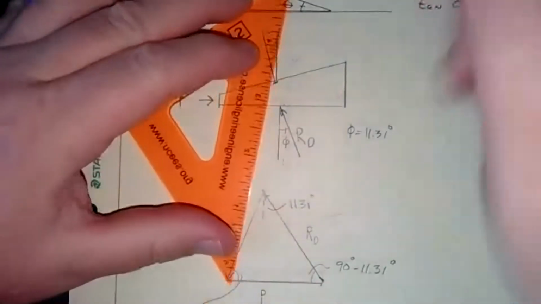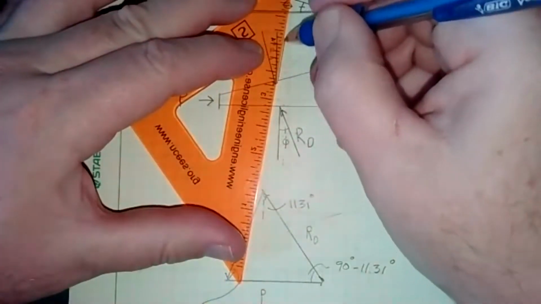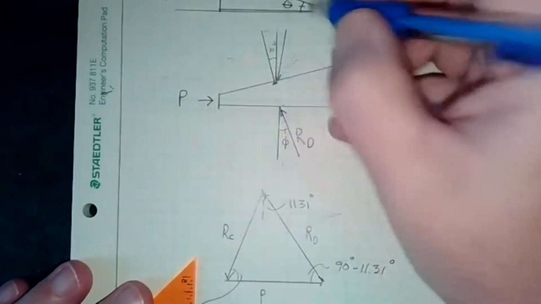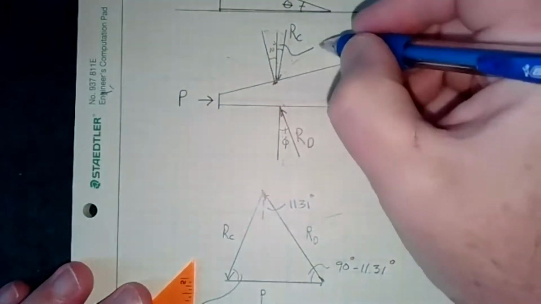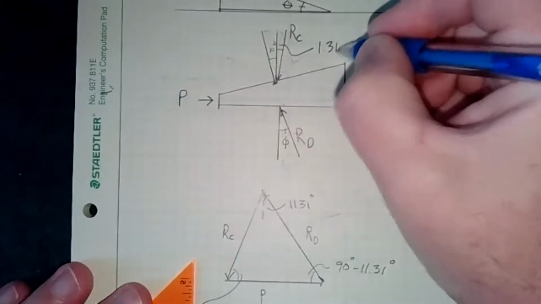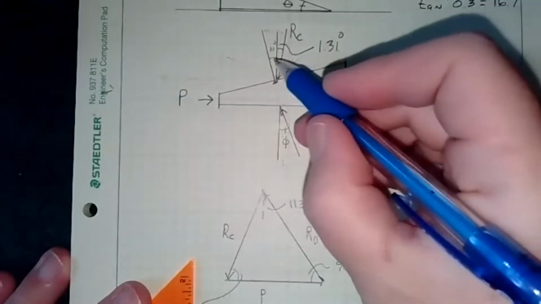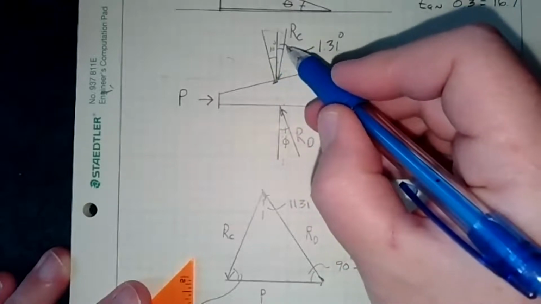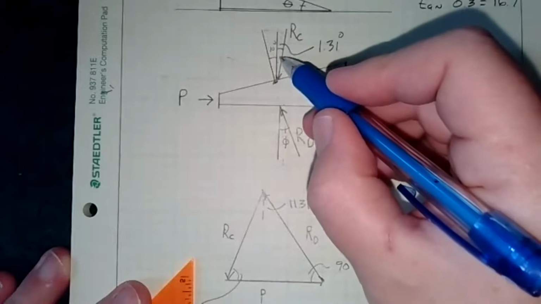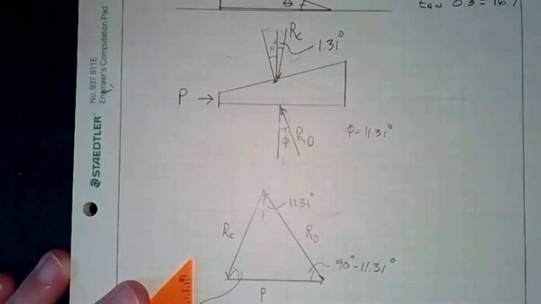So now we end up with this little tiny sliver, hard to draw. That's my RC. And so my effective angle is only 1.31, right? 11.31 minus 10.